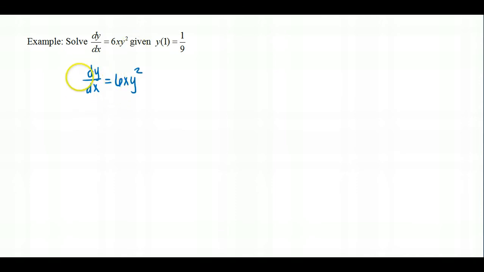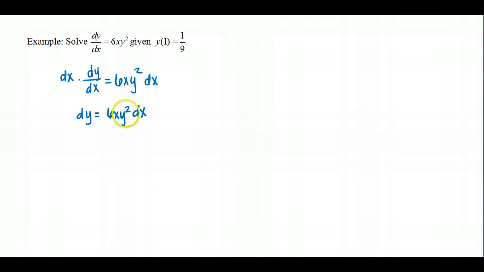I'm going to do this one at a time. The first thing I'm going to do is multiply both sides by dx, just like in the previous differential equation problems. So now we have dy equals 6xy squared dx. Now on the right side I have all of my x's, but I have this y squared that I don't want to be there.